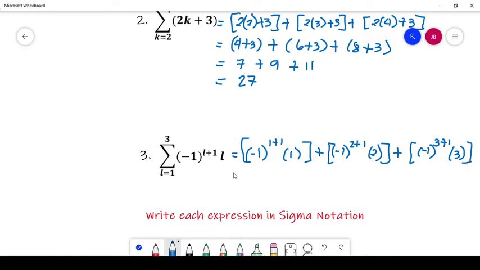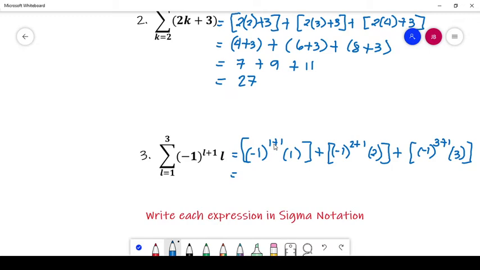Okay, and then simplify every parenthesis that we have. So negative 1 raised to 1 plus 1, 1 plus 1 is 2. We all know that if we have an even exponent, then whatever the sign of our base, the result is positive.